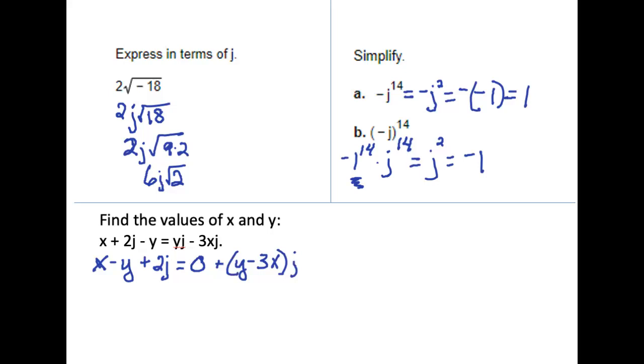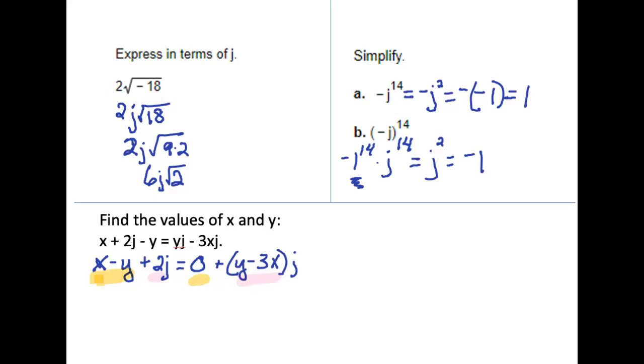So in this problem, the real parts would be this x minus y and 0. Those are real. And the imaginary parts are this 2 and y minus 3x.